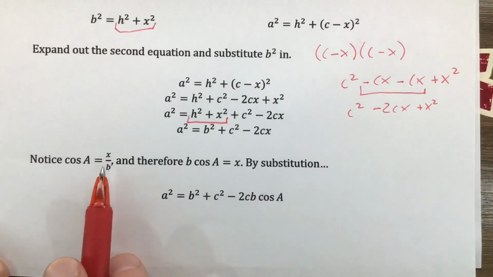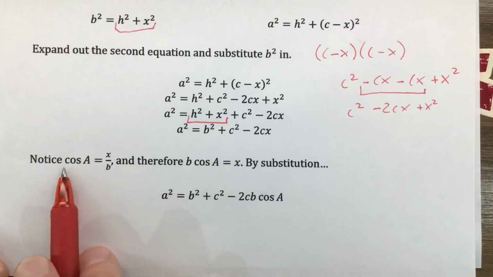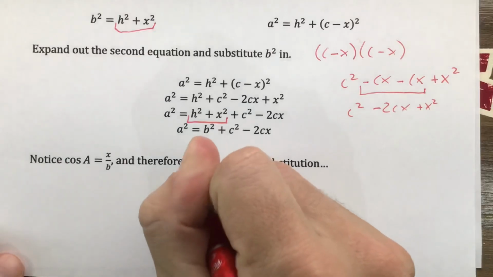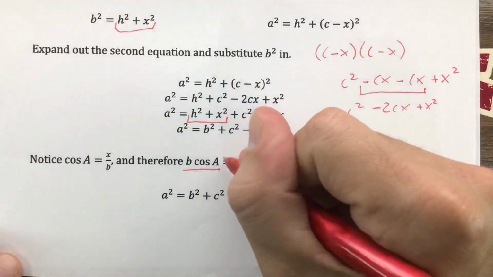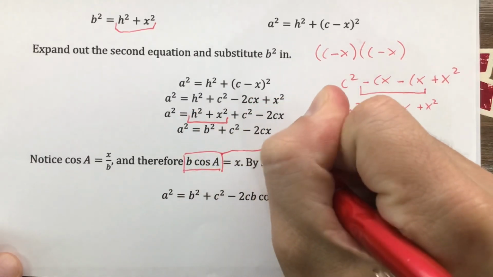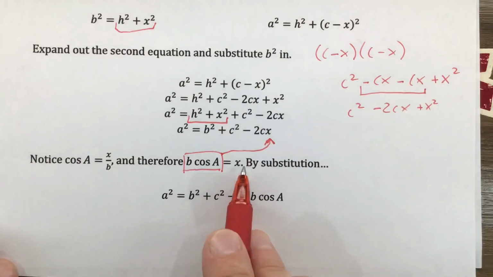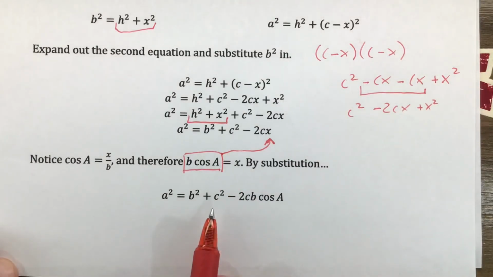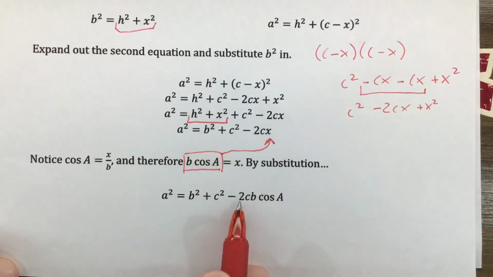Now, real quickly, you can solve for x. You've already done enough of these problems. You just multiply the b over, which gives you b cosine a is equal to x. Here, I'll box it there. If you take that and substitute it in right there for x, because it is equal to x, you get the law of cosines. You've got your a squared equals b squared plus c squared, still all there, minus 2.